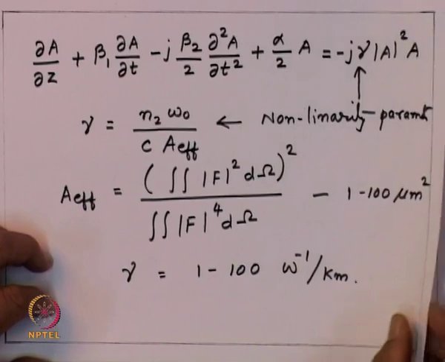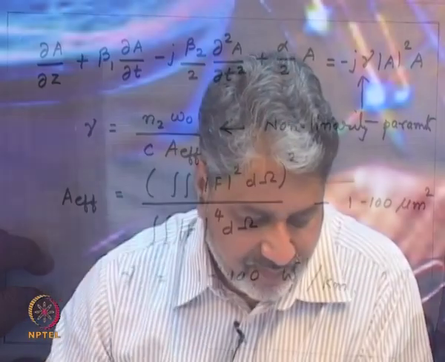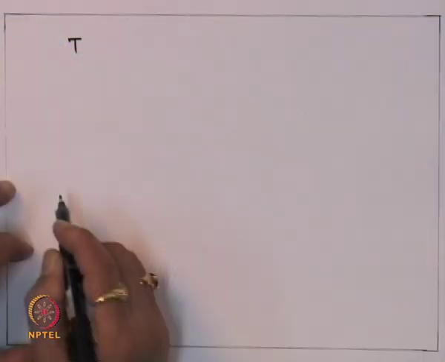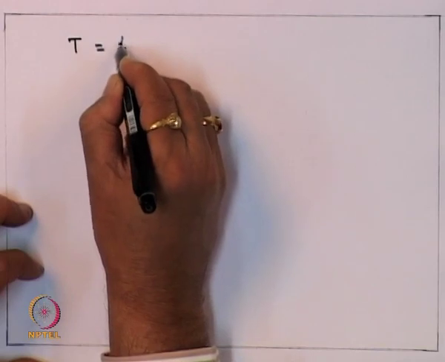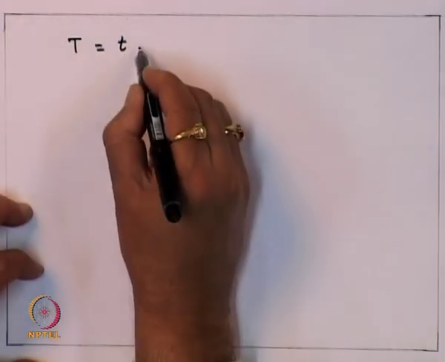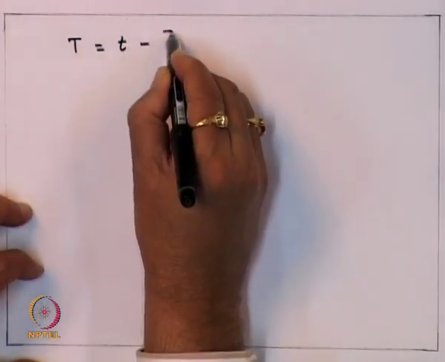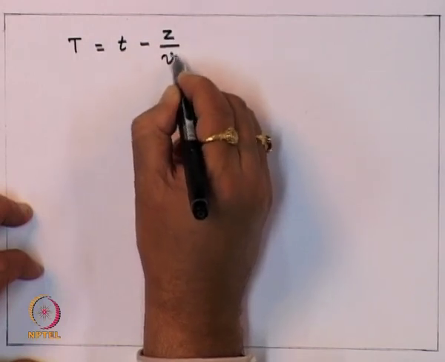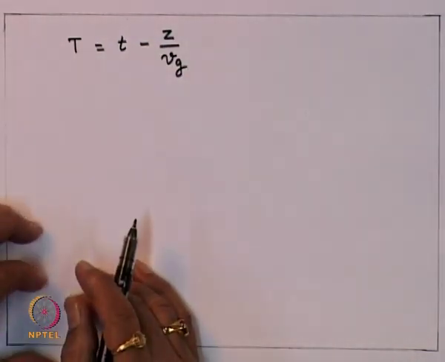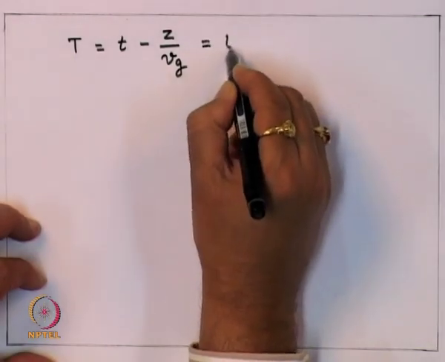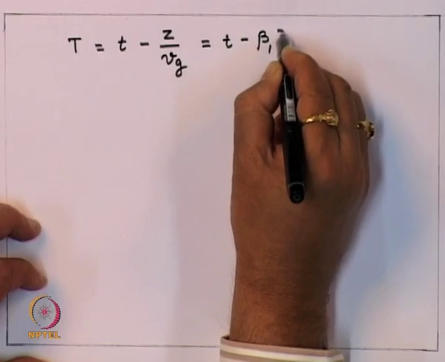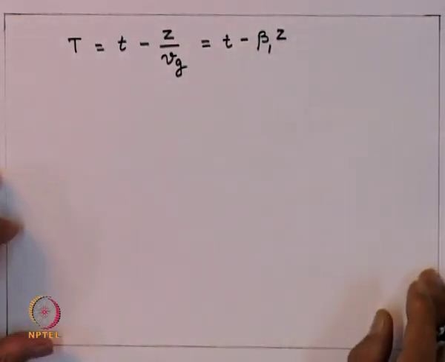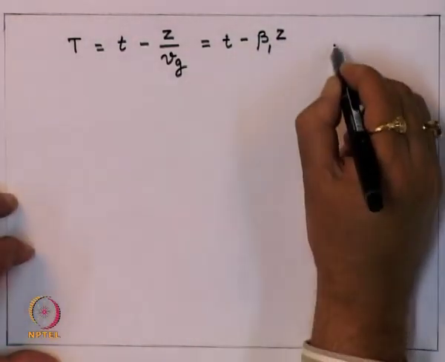So, first thing what we can note is that if I define a new time frame, let us say I define a new time capital T, which is the old time t minus z divided by V g, which is same as t minus beta 1 times z. And what is beta 1?